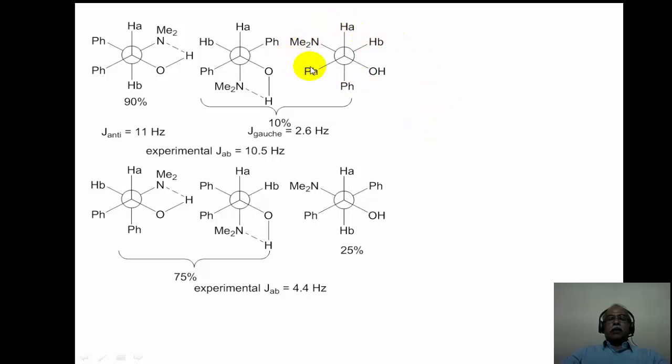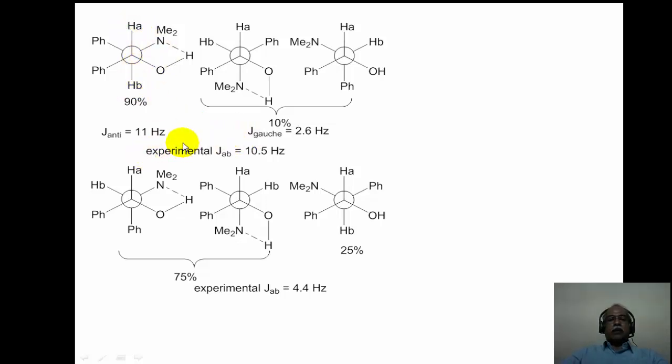Clearly, this particular conformer will be the least stable conformer because all the bulky groups are right next to each other. Gauche interactions are very severe in here. And this is relatively speaking an unstable isomer. Nevertheless, it has a contribution from the intramolecular hydrogen bonding. So among the three, this is expected to be the most stable. Indeed, if this were to be the most stable, this vicinal coupling should be a large coupling.